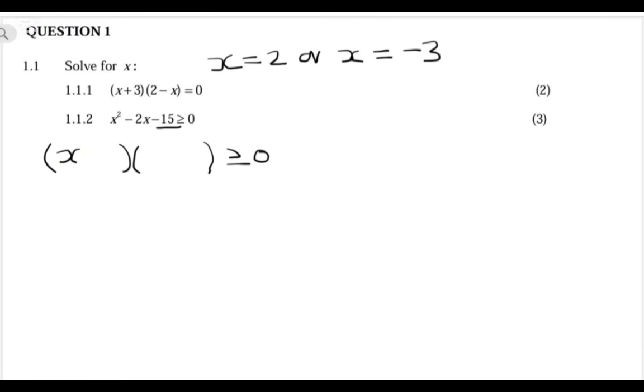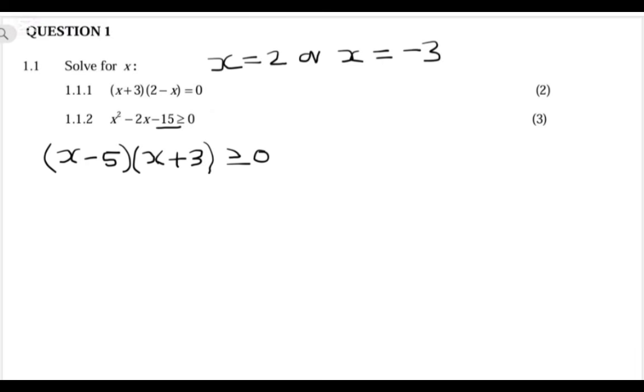So you're going to have x and you're going to have x. The factors of 15 are 5 and 3. So it's going to be 5 and 3. Now we just have to put the signs in. If we say -5 plus 3, -5 multiplied by 3 gives us -15, and when we add them together, it gives us -2.